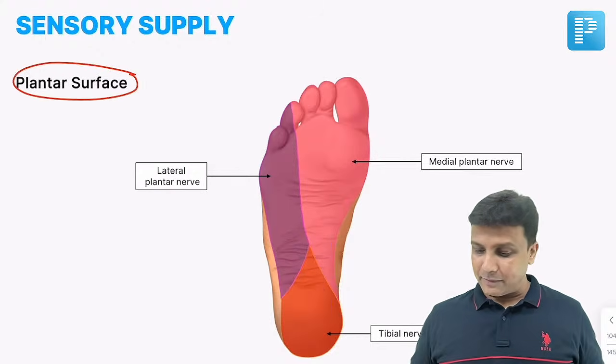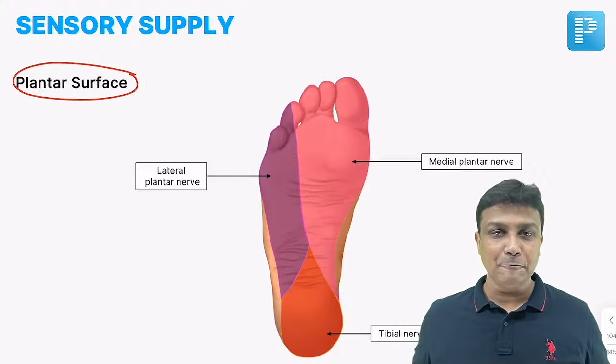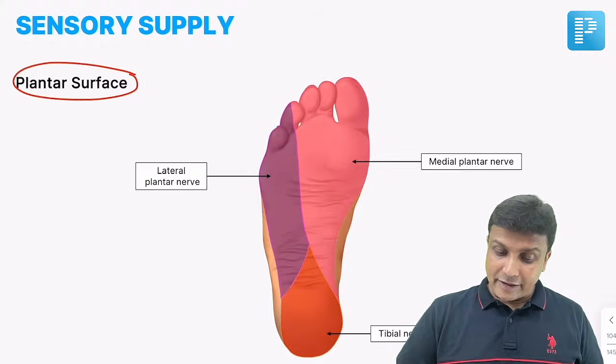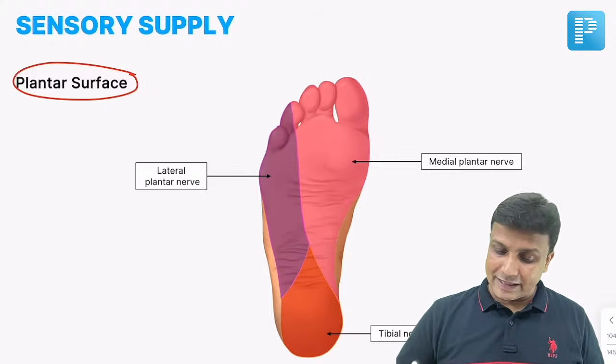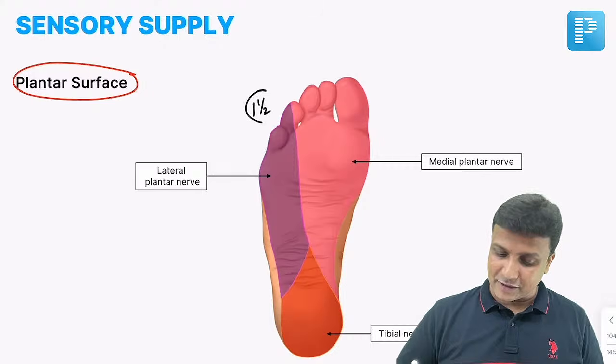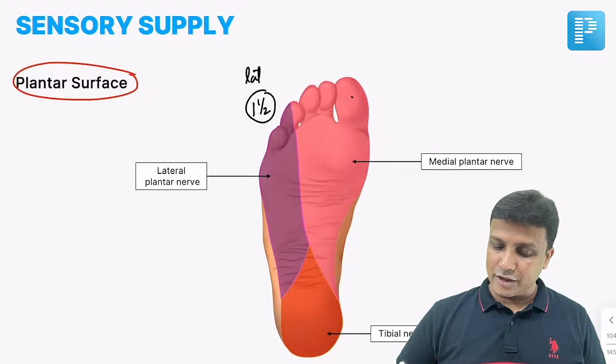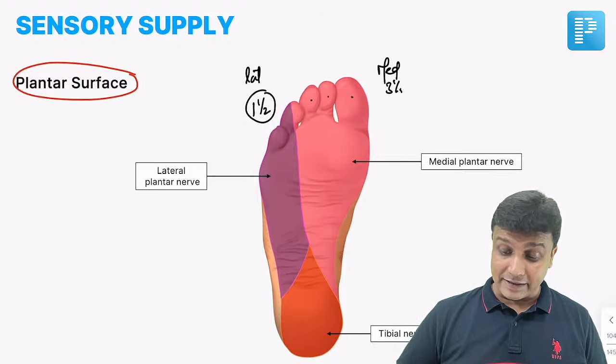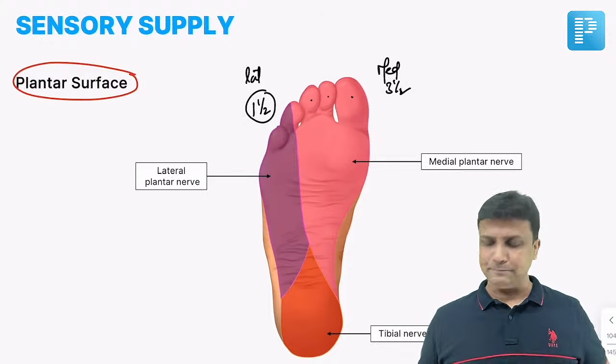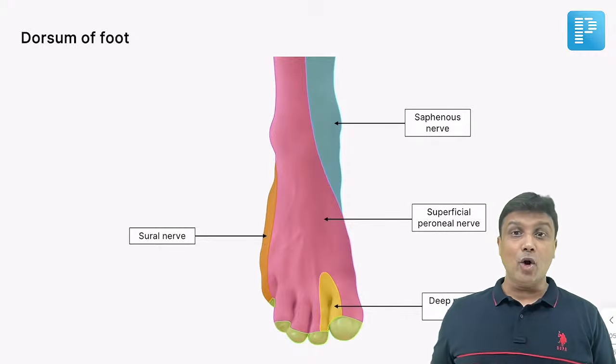So tibial nerve is supplying the skin near the heel region here, whereas lateral plantar nerve will be supplying the lateral 1.5 digits on the lateral side, whereas medial plantar nerve is supplying the medial 3.5 digits, and that is happening on the plantar surface.